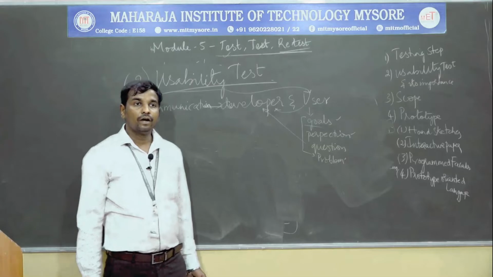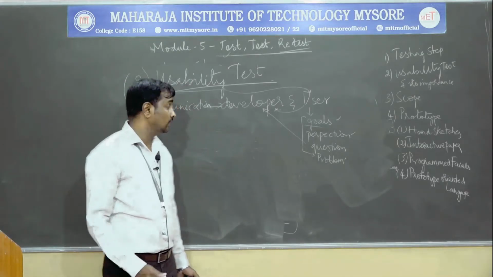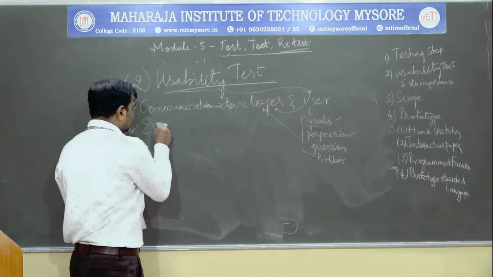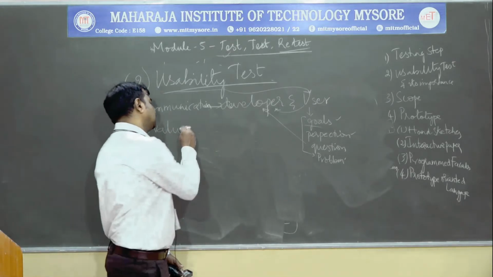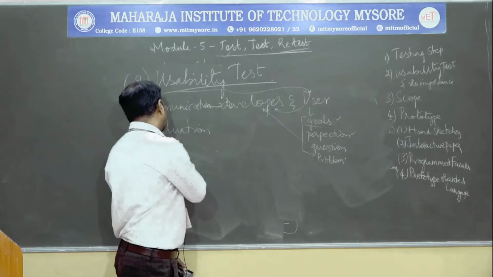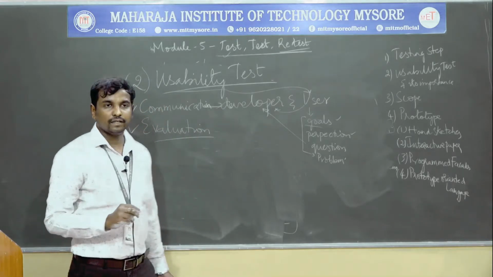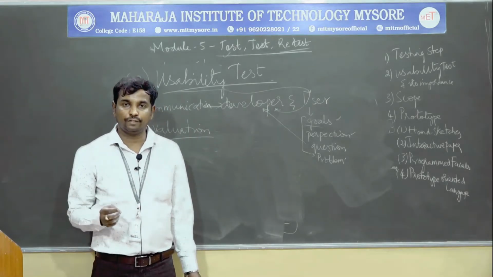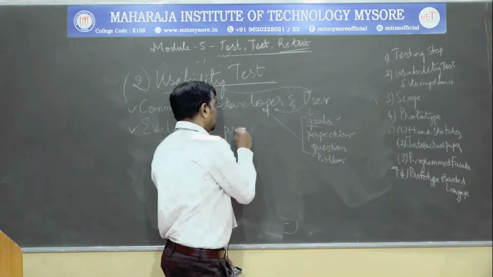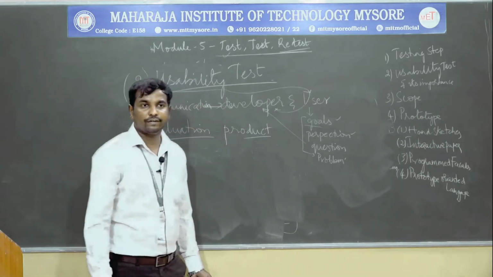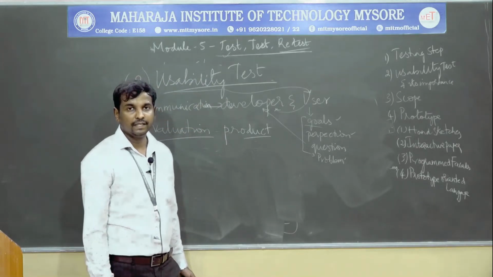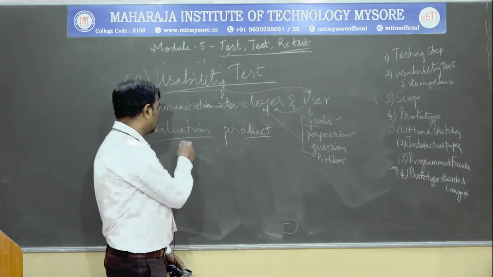Also, it is used for evaluation purposes. Evaluation in the sense that we are checking whether the users are comfortable in using the product properly or not. From this itself we can identify whether the work is being done properly.